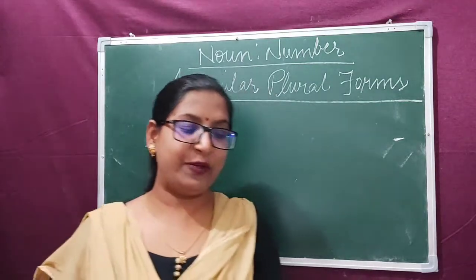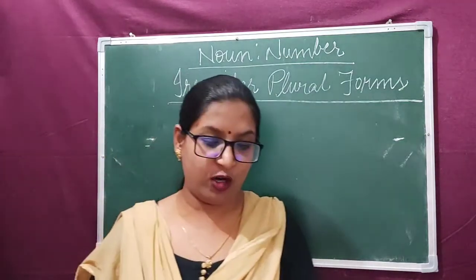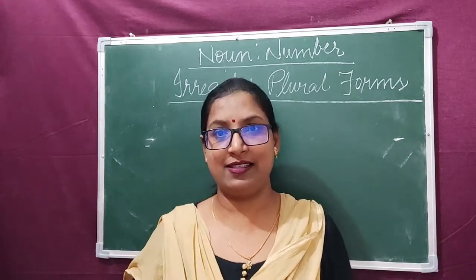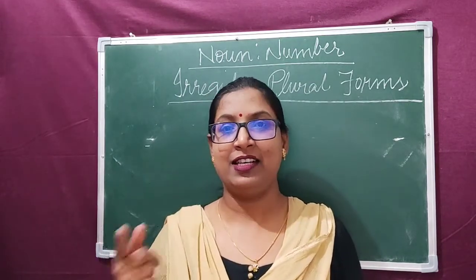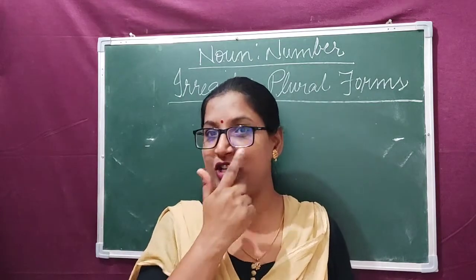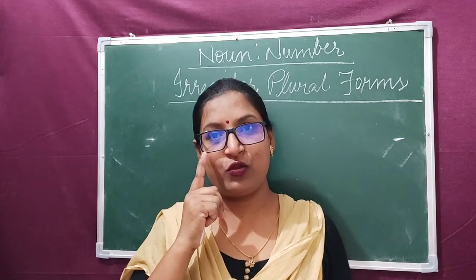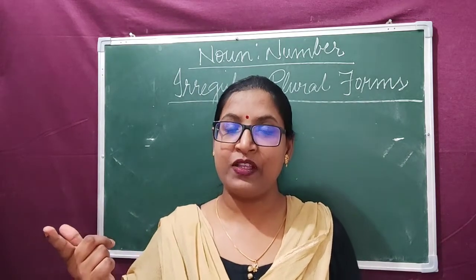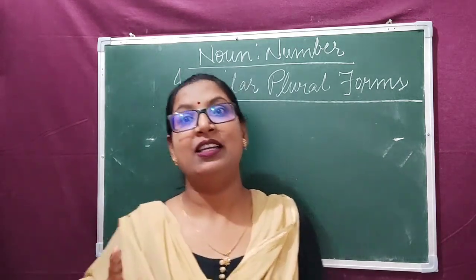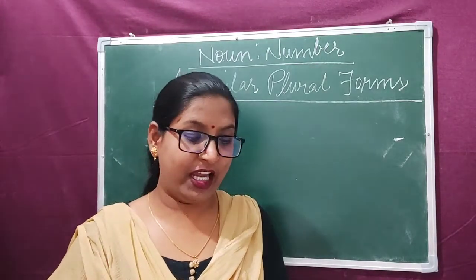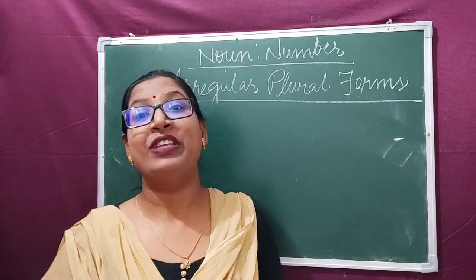Such words cannot be used in their singular form. For example, glasses, these glasses. We don't say glass, because it has two essential parts we can see. Clear? If we do not use one part, it is useless. Clear? Glasses. So, we use them always in their plural form.